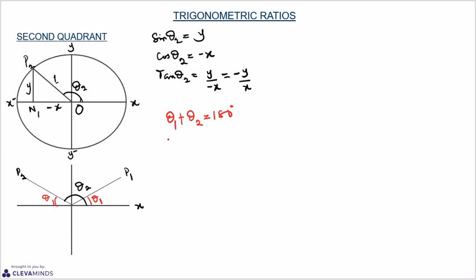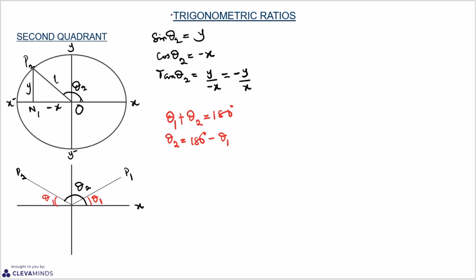So that implies that theta 2 equals 180 degrees minus theta 1. Are you there now? Good. So now let's come back and relate this and this together and see what it is telling us, right?